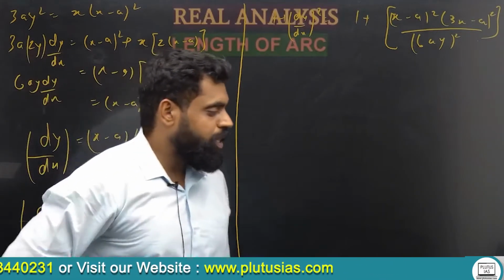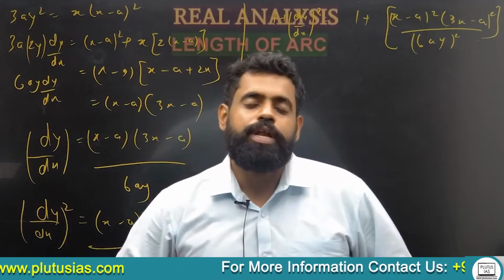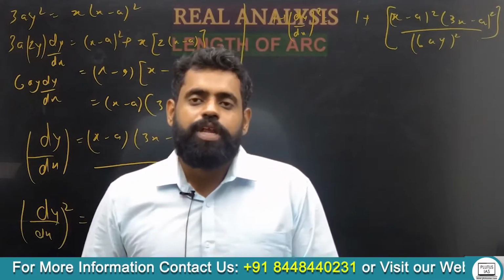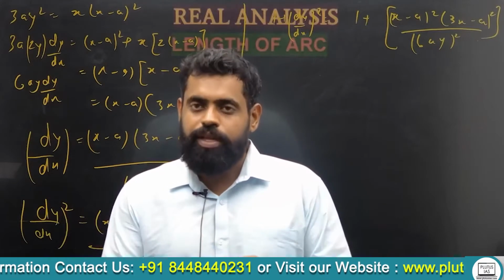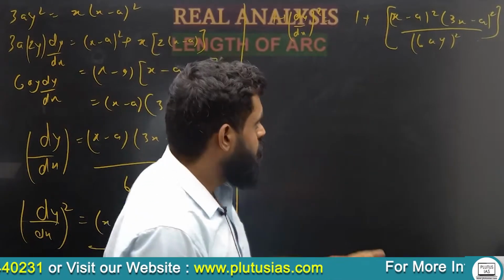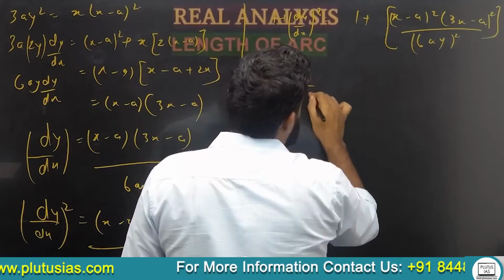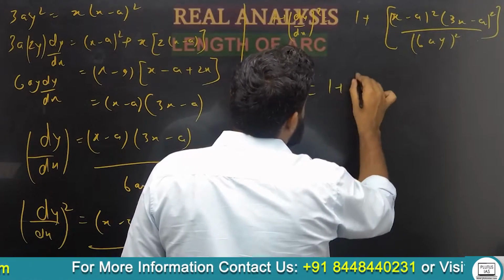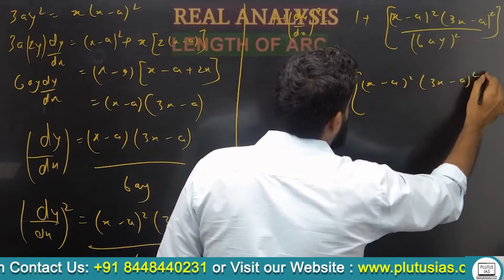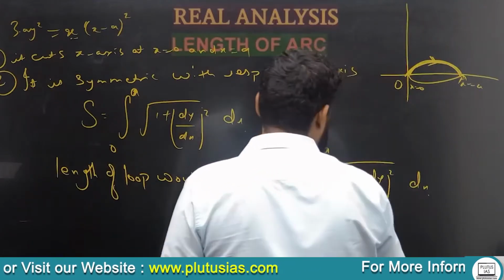One thing you should do: since you have to integrate with respect to x only, we should write this function in x only, so that the integration is easy. Sooner or later you have to do so. So we'll write y in terms of x. This would be (x minus a) whole square (3x minus a) whole square, and for this 36a square y square.